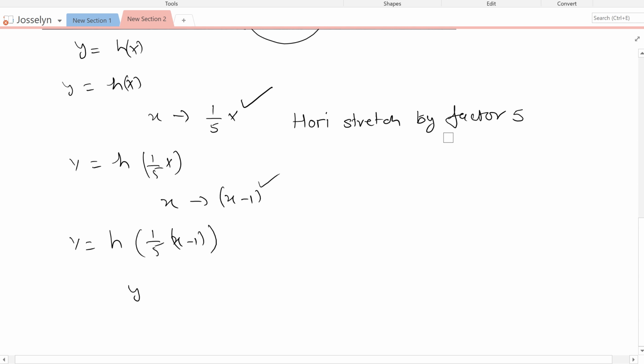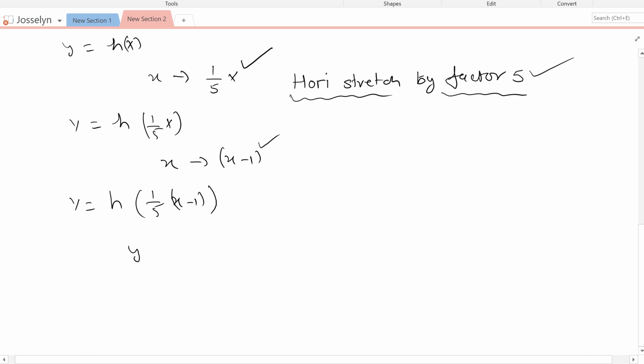That's a horizontal stretch, and by factor 5, right? Next time I'm going to explain why it is a horizontal stretch and why factor 5 rather than 1/5, because today we don't have enough time for that. And here that transformation is horizontal because that's about x.